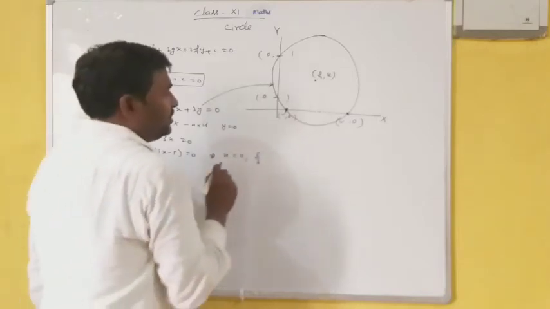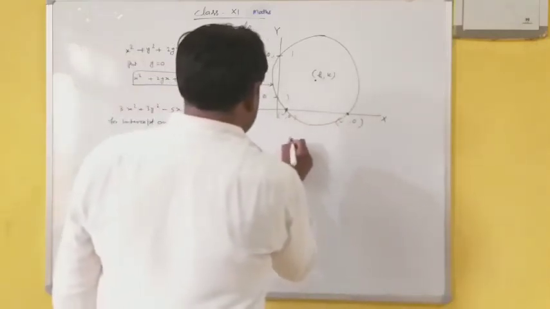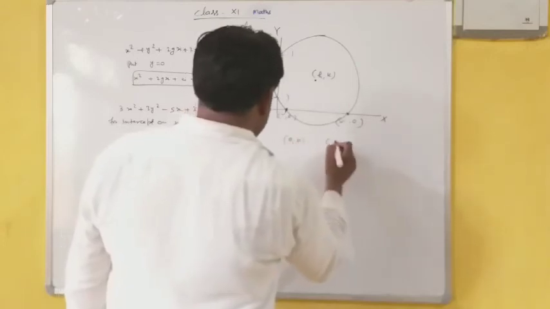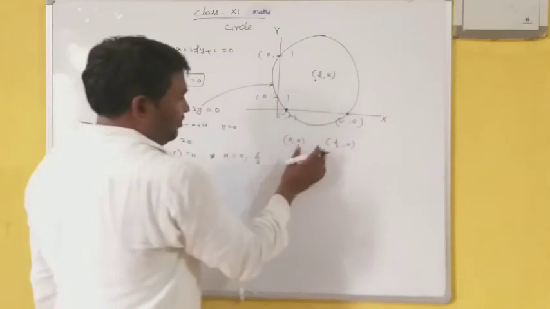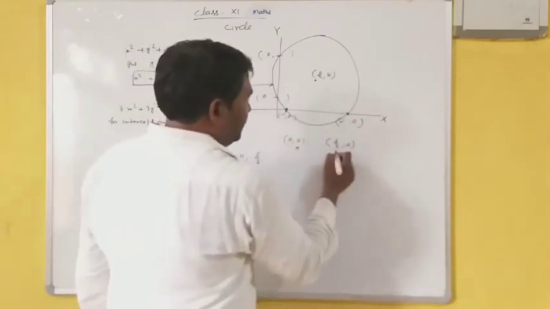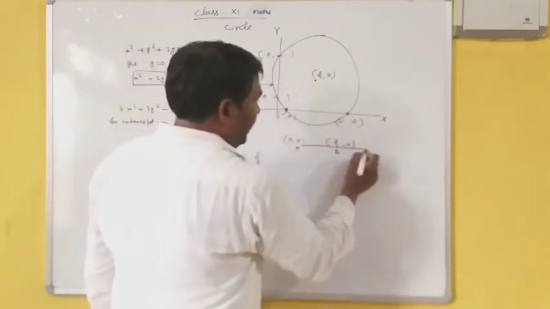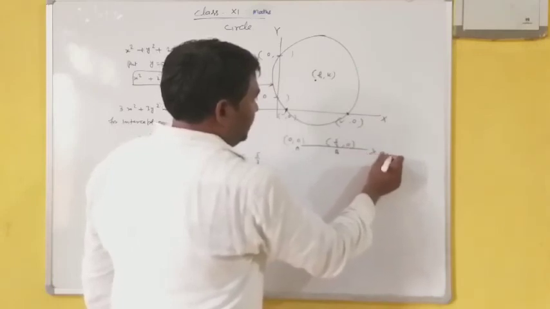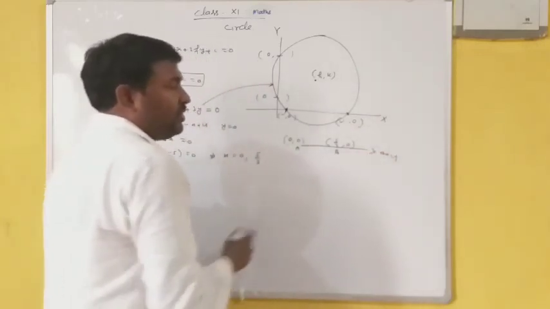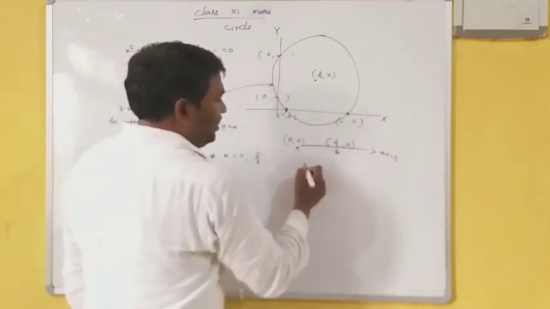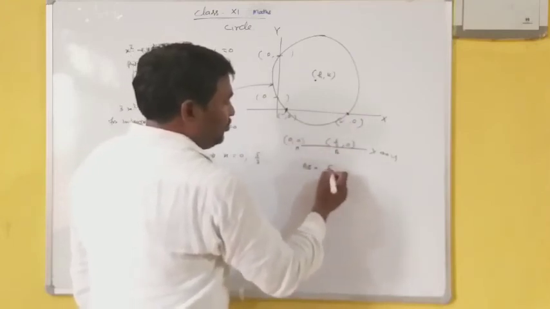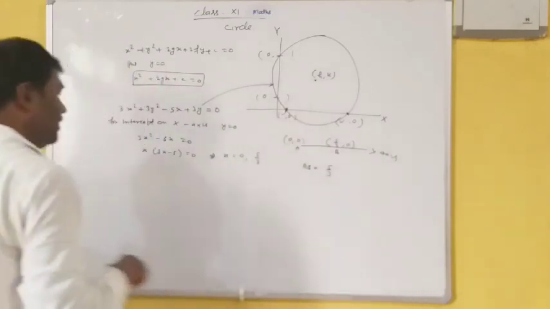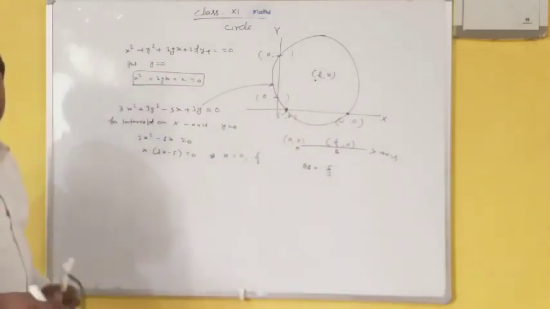So these are 2 points: one point is 0 comma 0, the other point is 5 by 3 comma 0. Quite simple. Suppose this is A and this is B on the x-axis. By the distance formula, AB will be equal to under root of this minus this whole square. So you will find 5 by 3. Okay, the x-intercept is 5 by 3.